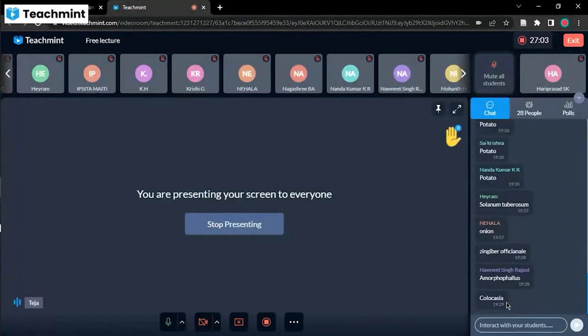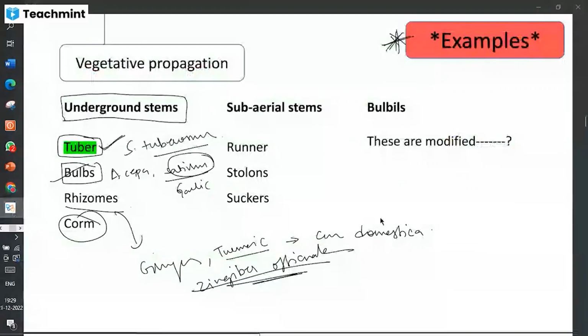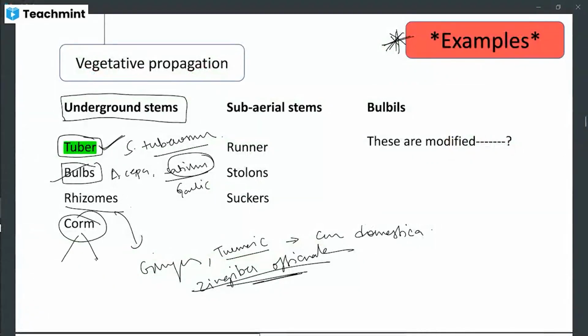Is Colocasia a scientific name or a common name? Okay, so there are two examples for corm. One you will generally be learning about is Arvi and the other is Bunda. Both belong to the genus Colocasia. Arvi is Colocasia esculenta and Bunda is Colocasia antiquorum.